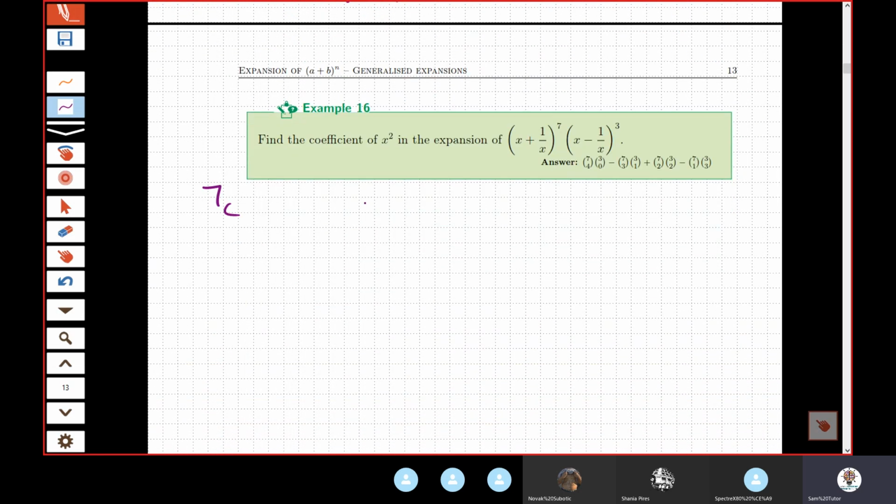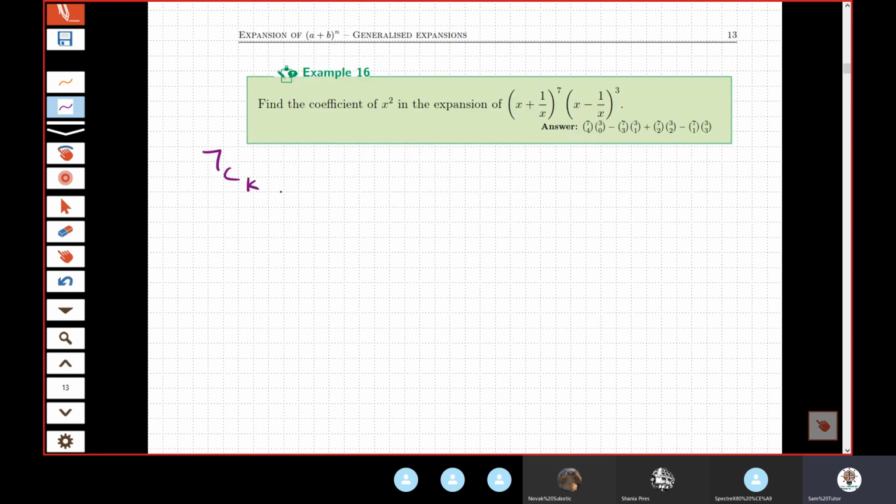So it's going to look like this. 7 choose k, x to the power of 7 minus k, and then x to the power of -1 to the power of k. That will be multiplied by 3 choose r, x to the power of 3 minus r, and then minus x to the power of -1, to the power of r. You can pick any letter, doesn't really matter.